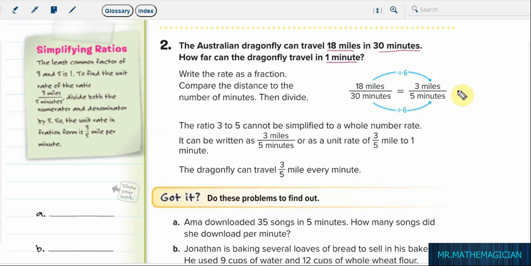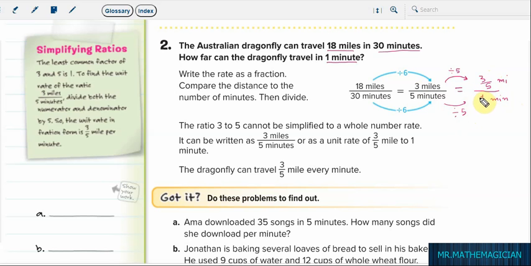If we continue dividing, as we used to say, divide by the number in the denominator, means if we divide by 5 up and by 5 down, we know that 3 is not divisible by 5, so we can write it as a fraction, 3 over 5 miles, mi for miles. 5 divided by 5 is 1, min for minute.